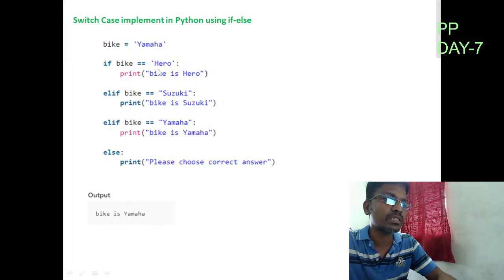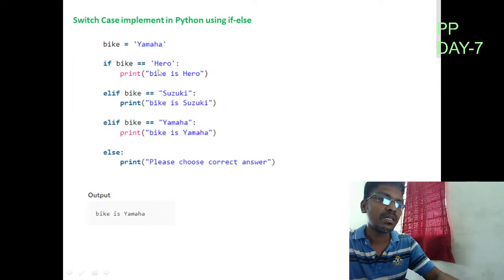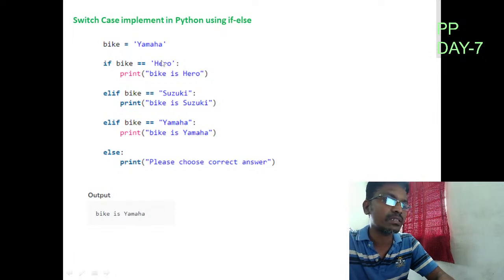So you don't use a switch case statement like in C programming or other programming languages. Instead of using a switch case, we have to use the if else or if else if ladder. So for example, in this example, I am writing bike.